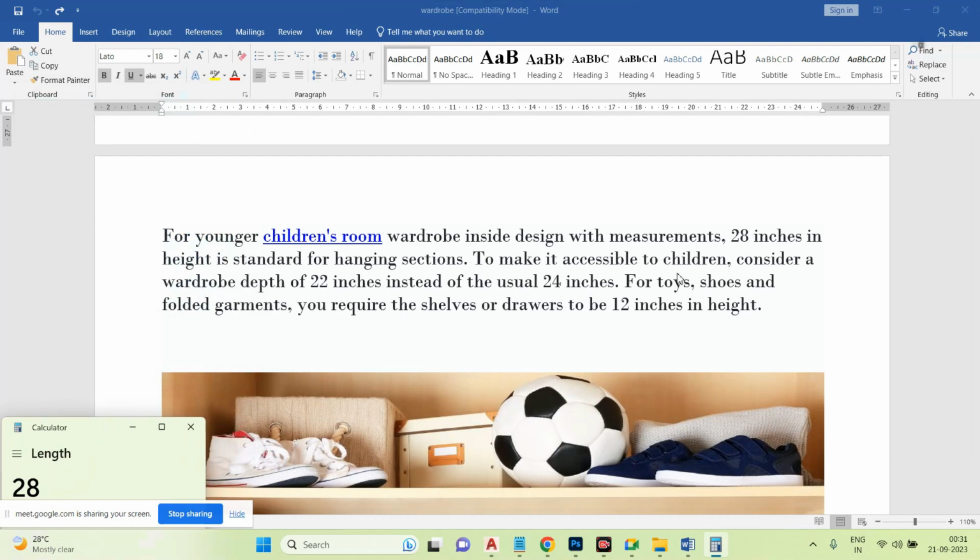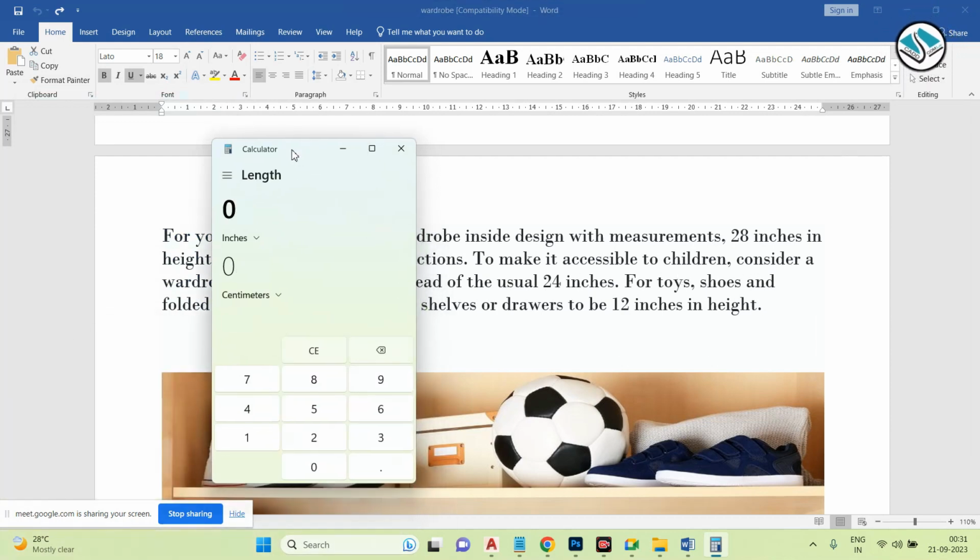Okay. To make it accessible for 2 children, consider a wardrobe depth of 22 inches. The depth in a children's room wardrobe is 22 inches, which means 55 centimeter. Around 55, you can use up to 60 centimeters. This is the limit, 55 to 60, for children.